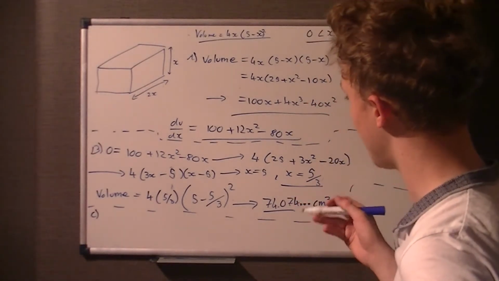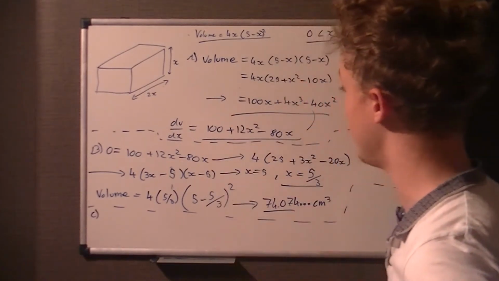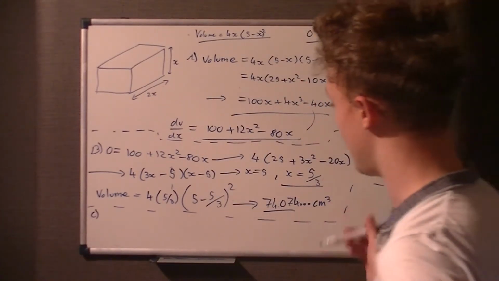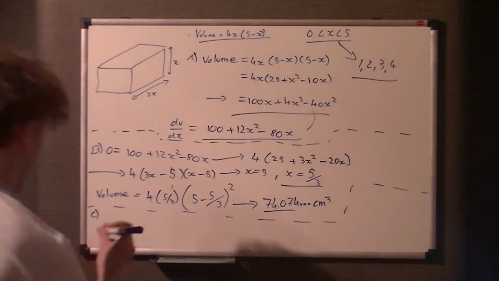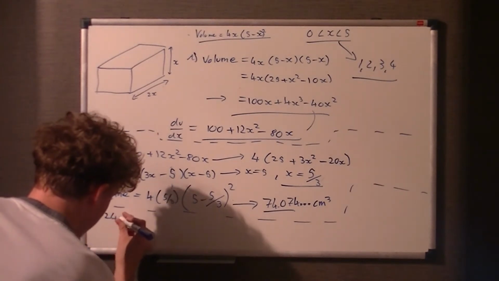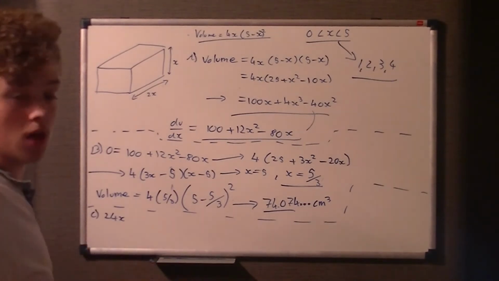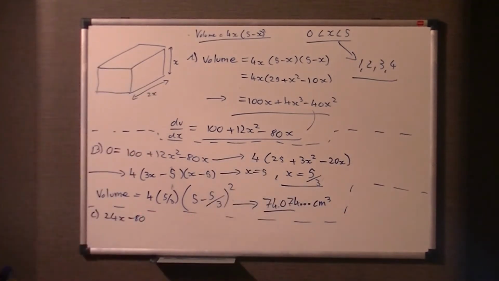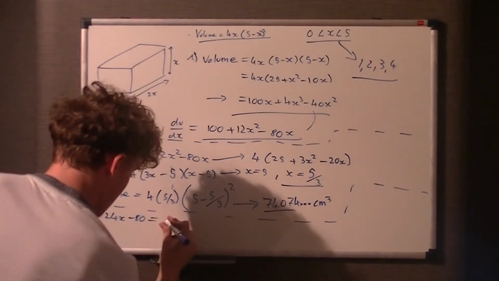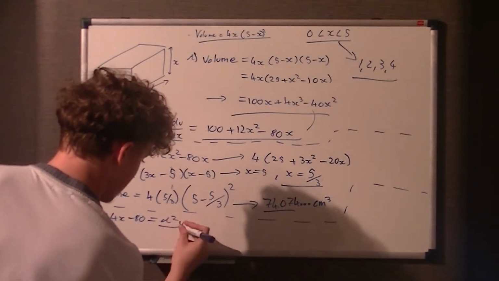So if we differentiate this equation here, we get rid of the 100, and then we turn it into a 24x, and obviously the 80x just goes to an 80. So we take away 80 from that equation there. So that gives us our second derivative, which is the same as d squared V over dx squared.